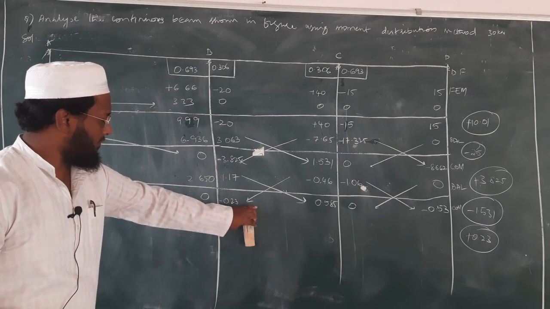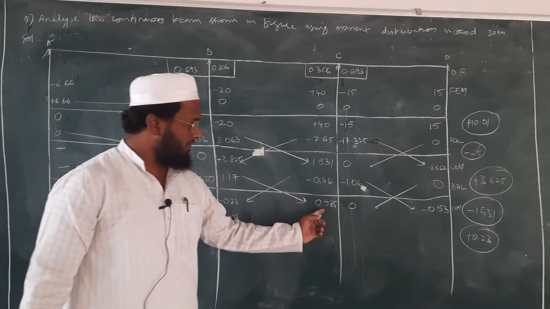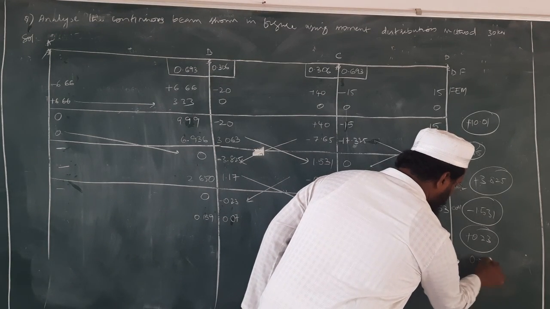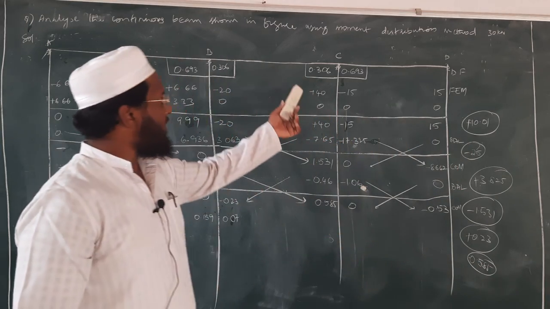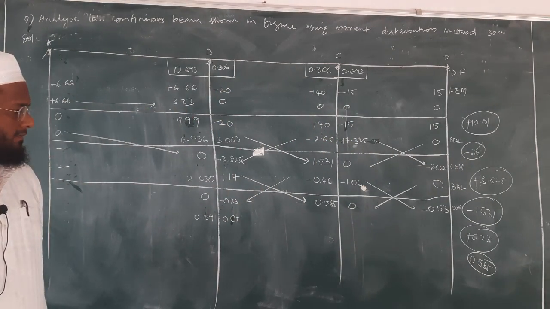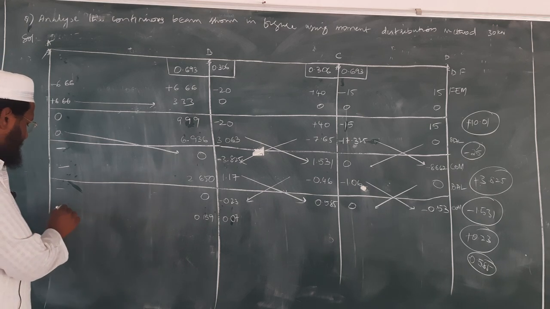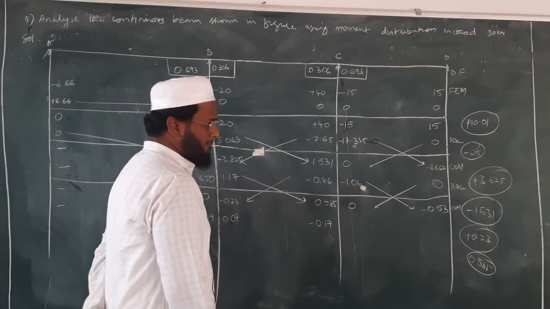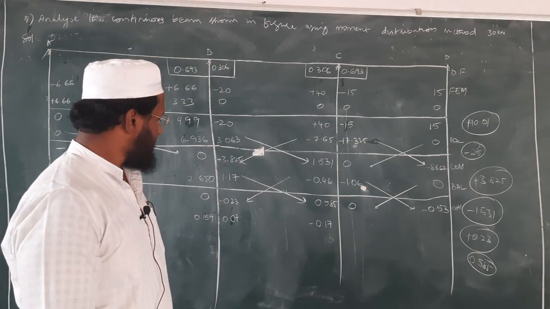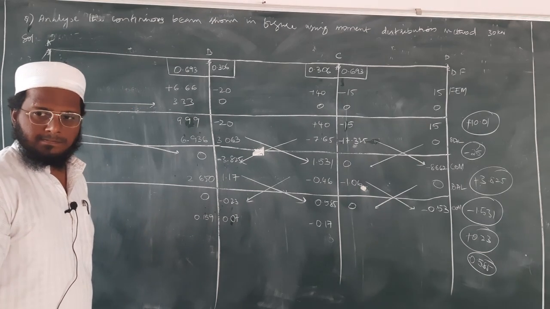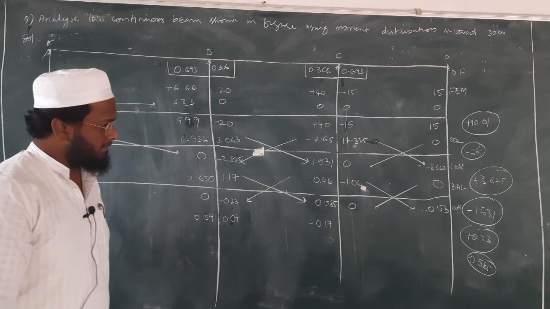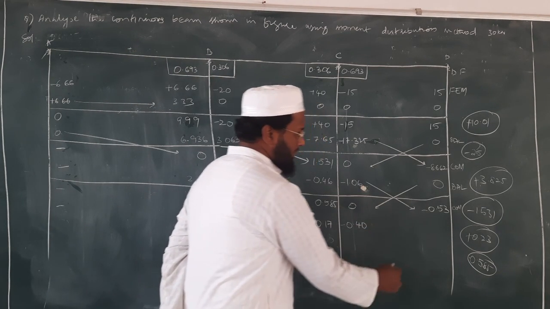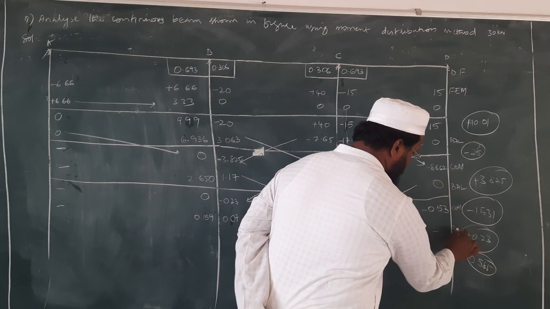No need of writing the 0 here. Next here 0.585 plus 0 is 0.585. You make it minus. So minus 0.585 into 0.306. Minus 0.17. Next. Minus 0.40. So again here no need to do any balancing at the corner.